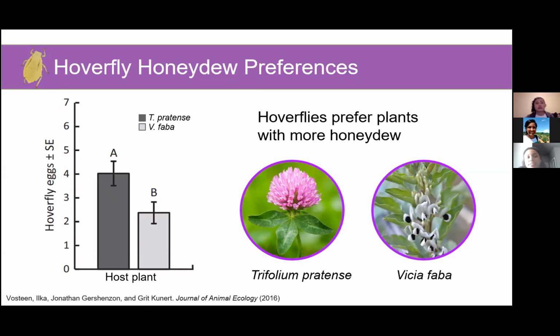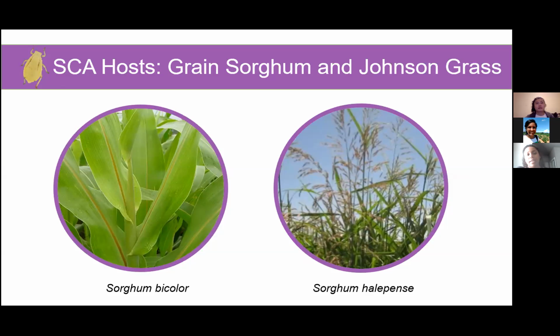Johnson grass is going to be located in all areas where sorghum is grown, and oftentimes it is in close proximity to the crop, which means there's ample opportunity for sugarcane aphids to occupy both host plants at around the same time.